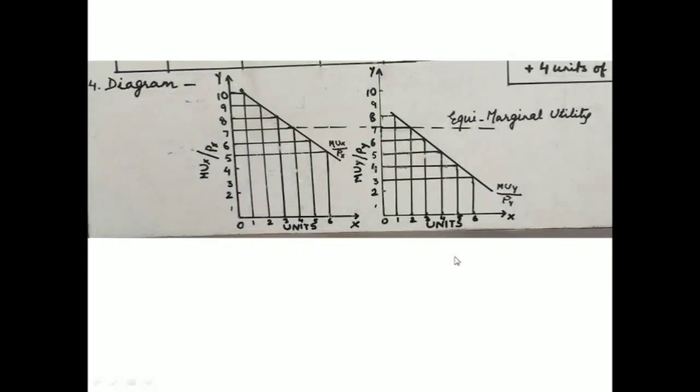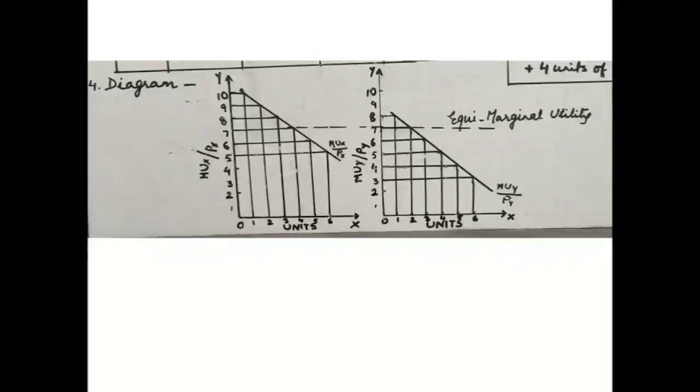The law of equimarginal utility can be explained with the help of this diagram also. In the first panel of the diagram, marginal utility per rupee from X is shown on Y-axis and units of X on X-axis. In the second panel, marginal utility per rupee from Y is on Y-axis and units of Y on X-axis.